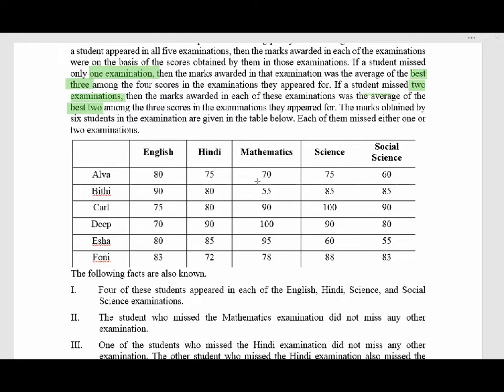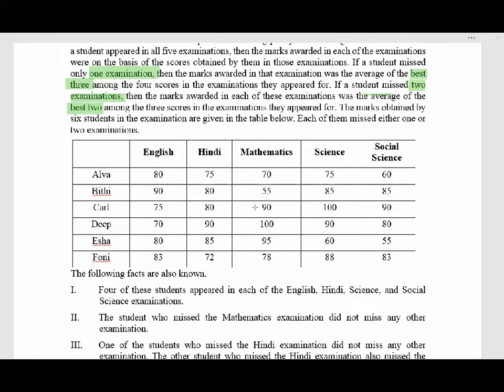So ALVA is not the person. Bithi, maths is very low. Can never be the average of the top 3. Carl. If I remove maths, science 90, 100, social 90, English 80. The average of 100, 90 and 80 is 90. So Carl is the one who missed maths.